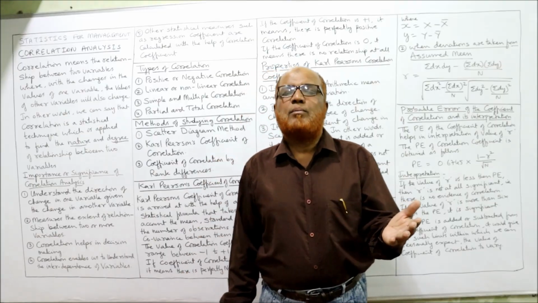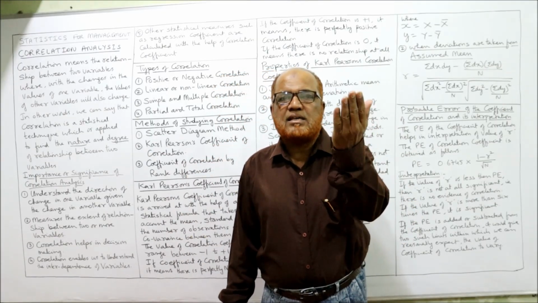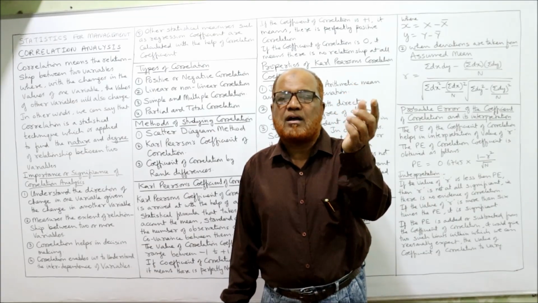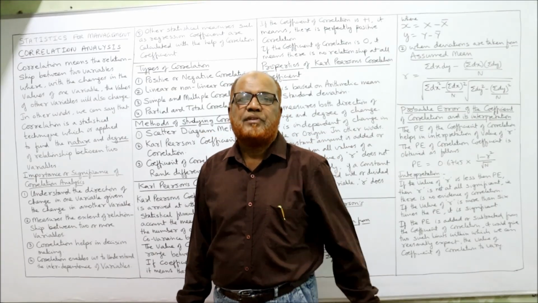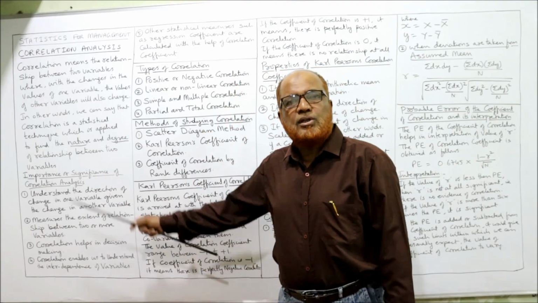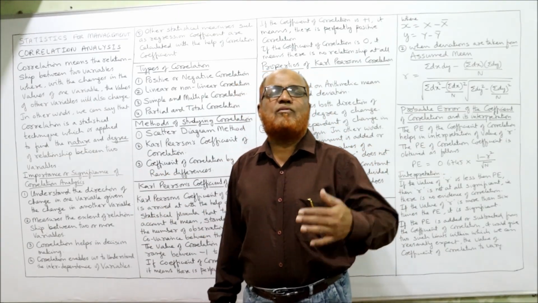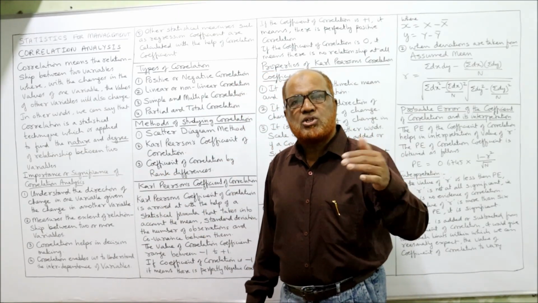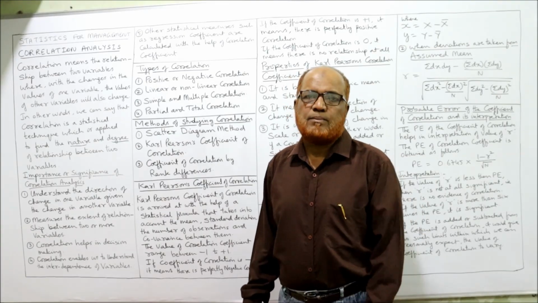Whereas for some other variables, we have inverse relationship. If there is an increase in the value of X, correspondingly there is a decrease in the value of Y. This is called inverse relationship. So this correlation will explain what is the nature of the relationship, whether it is a positive or negative relationship, direct or inverse relationship.